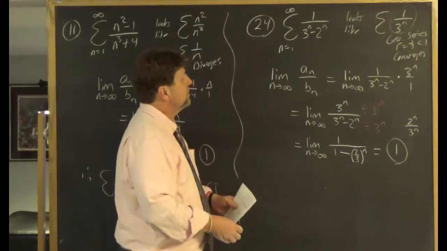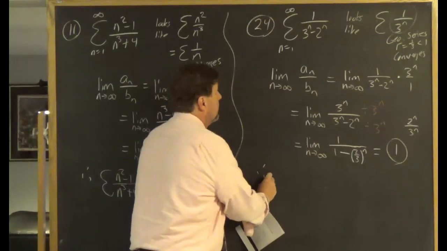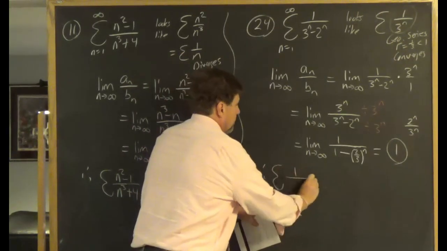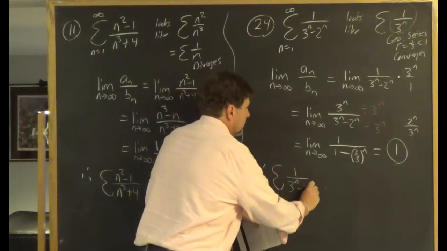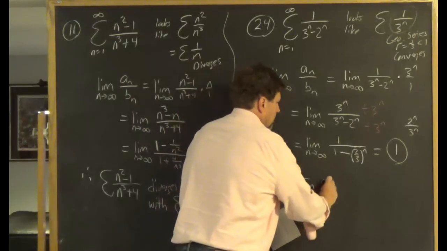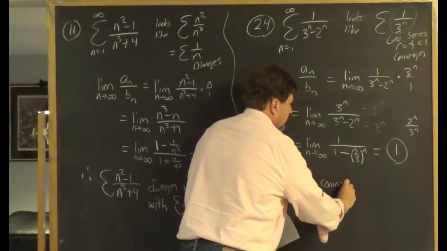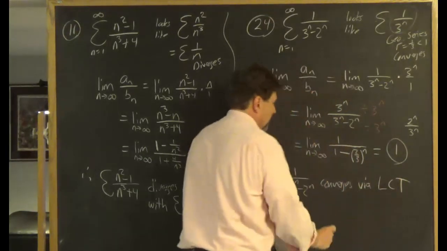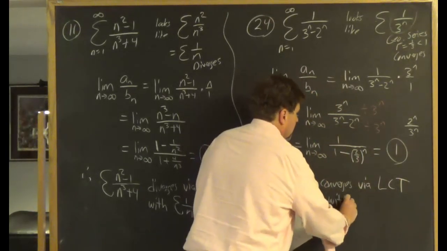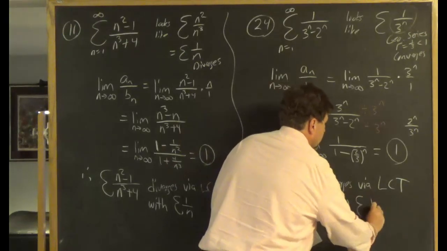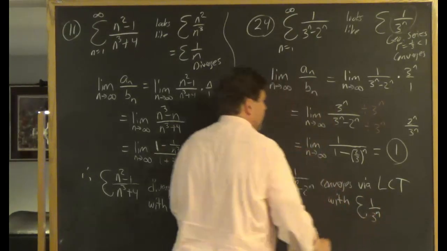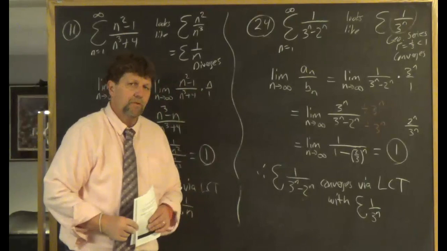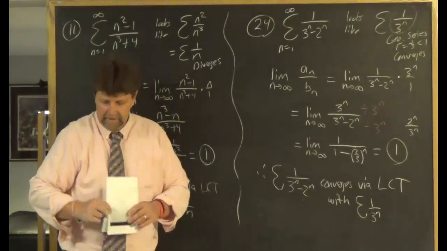So that tells me that my original series converges, thanks to using the limit comparison test, and we compared it to the known convergent geometric series 1 over 3 to the n.